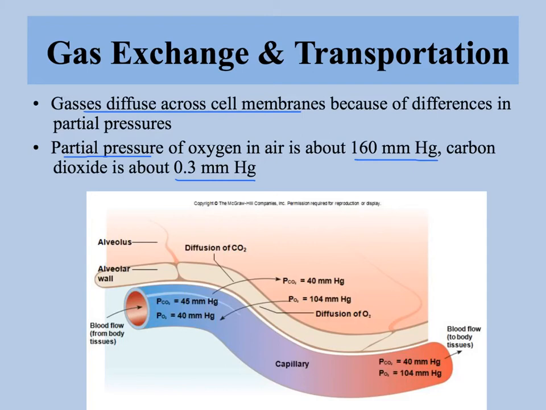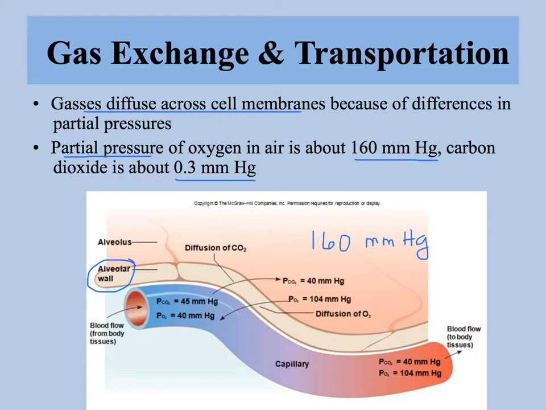So this first diagram on the bottom of this slide is showing what's happening in the lungs. Here's your alveolar wall, those single thin epithelial cells. And this is your air inside, so you've got about 160 millimeters of mercury air pressure on this side of the alveolar wall.